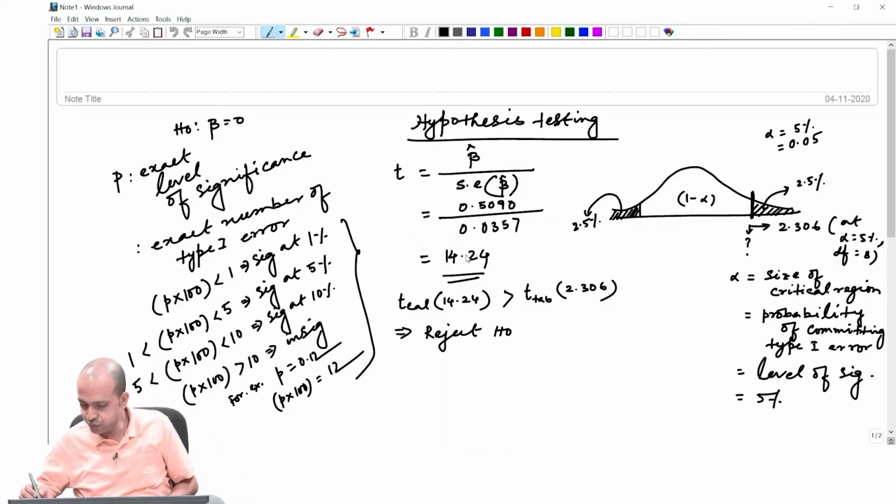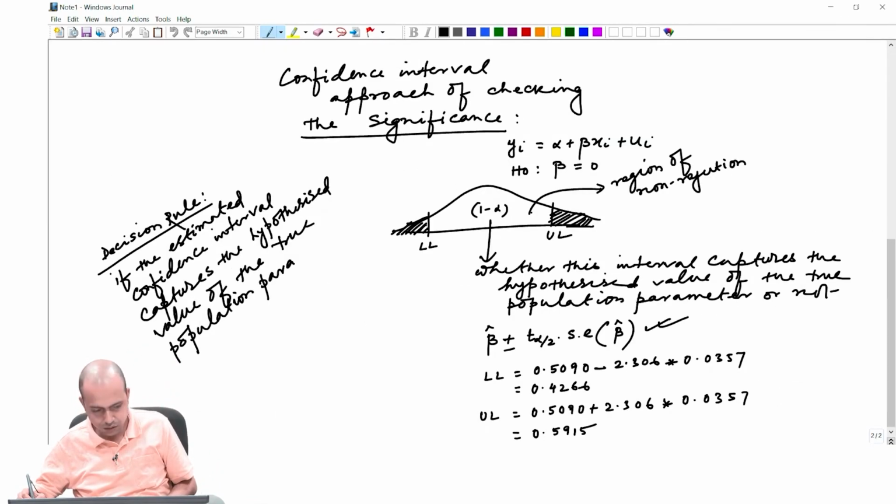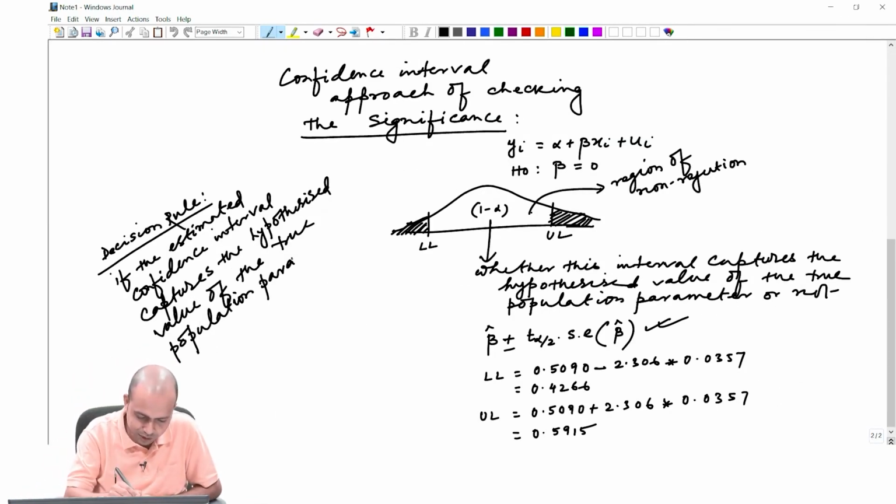So, what we are saying: if the estimated confidence interval captures the hypothesized value of the true population parameter, then the decision is do not reject your null.